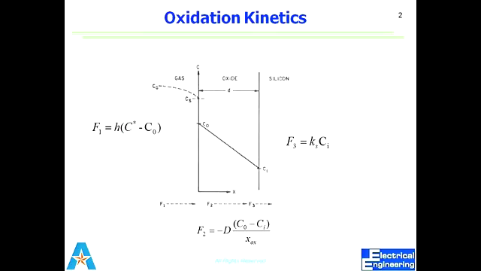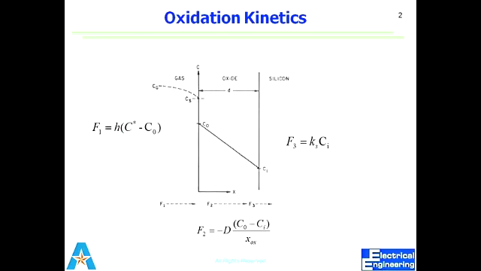F2, of course, because in F2 it needs to diffuse through the oxide layer. So F2 depends upon the diffusion coefficient. This is the diffusion equation: this is the diffusion coefficient and this is the rate of change of the concentration.